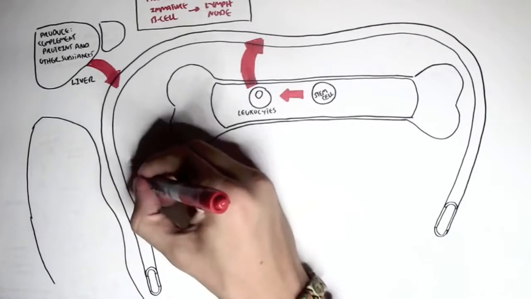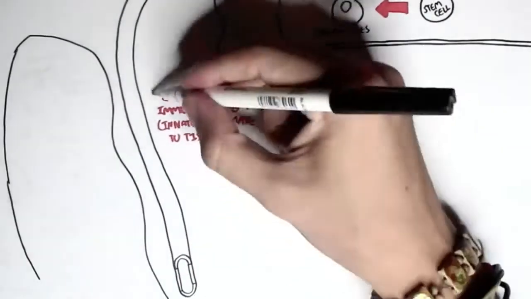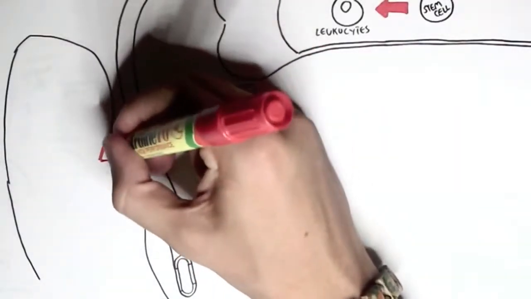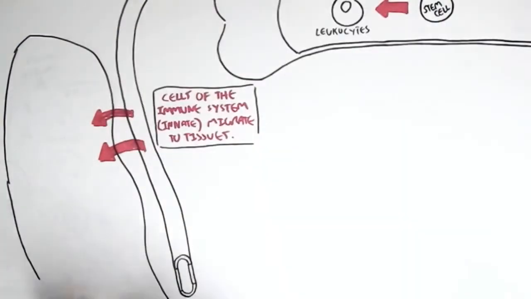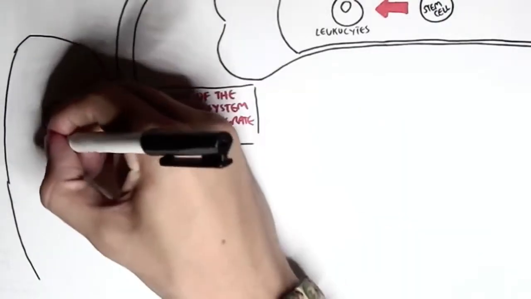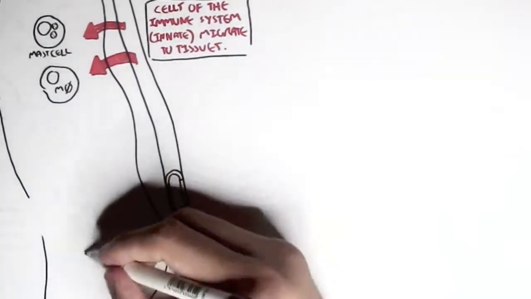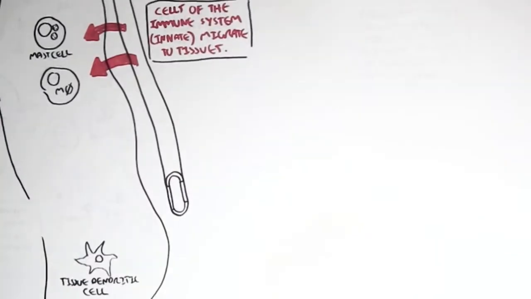Specifically, the innate immune cells, because they're the first line of defense in the immune system, and we'll see how they migrate into the tissues. Remember that this is not exactly what happens in our body. This is just an overall picture, hopefully, to give you a better understanding of how these immune cells and the immune system work together.